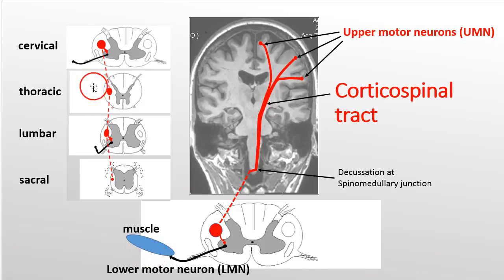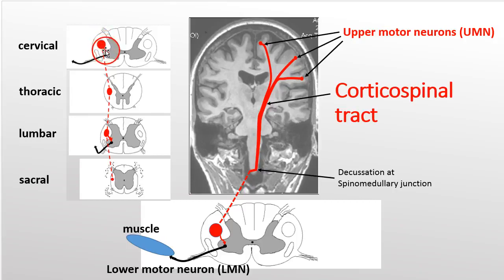If we look at the variety of sections through the spinal cord at the cervical, thoracic, lumbar, and sacral levels, we'll see that the corticospinal tract is occupying the same position in all of those sections, having crossed over from the opposite side previously at the spino-medullary junction, and it will stay in the same position in this lateral funiculus.